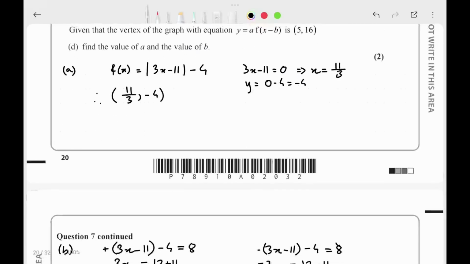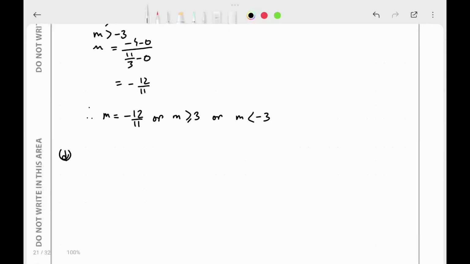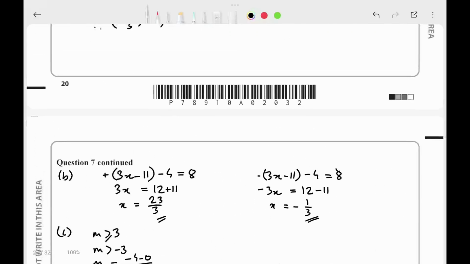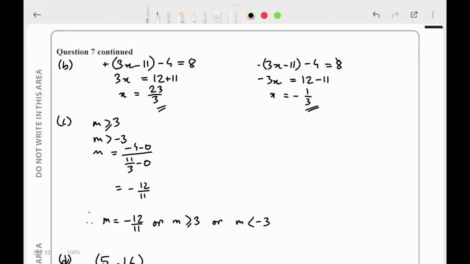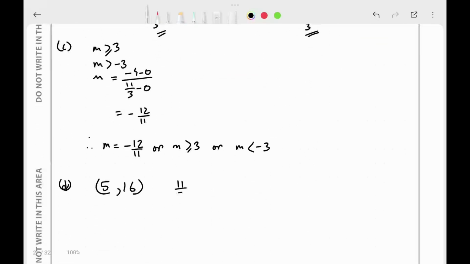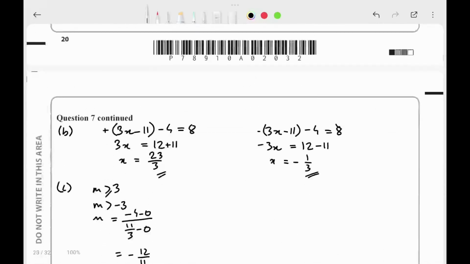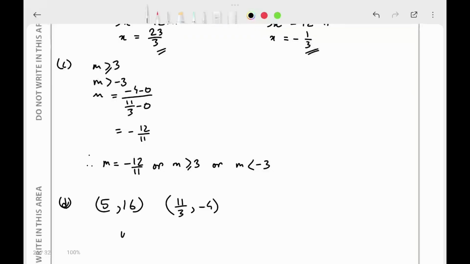Very simple. So it's 5, 16. Initially, it was 11 by 3, minus 4. And y is equal to a times f of x minus b.